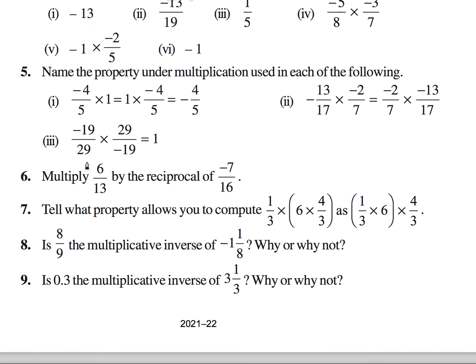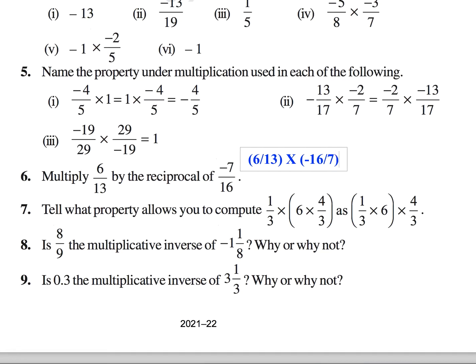Okay, multiply 6 by 13 by the reciprocal of minus 7 by 16. Okay, this is 6 by 13. The reciprocal of minus 7 by 16 is nothing but 16 by minus 7, or minus 16 by 7.